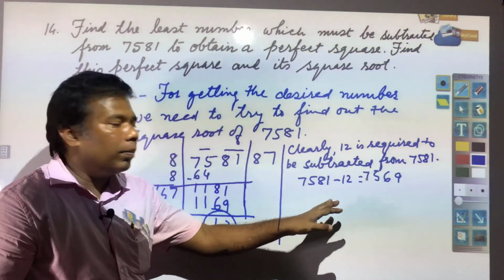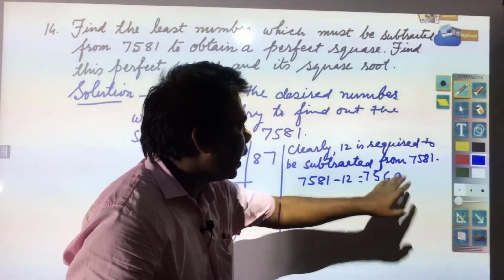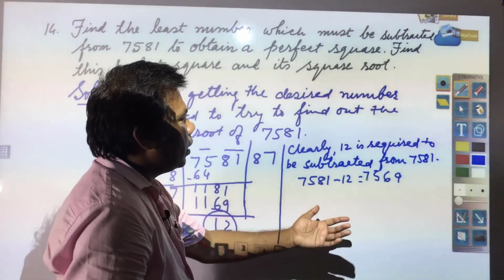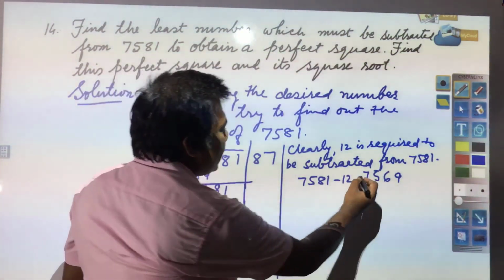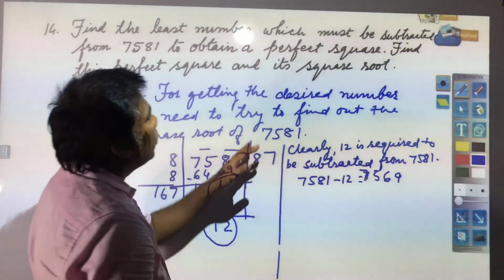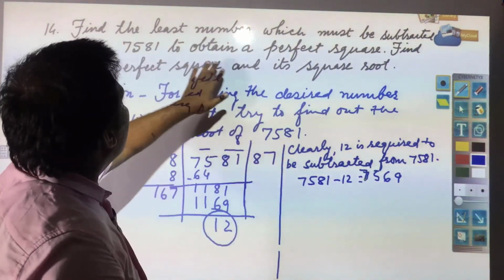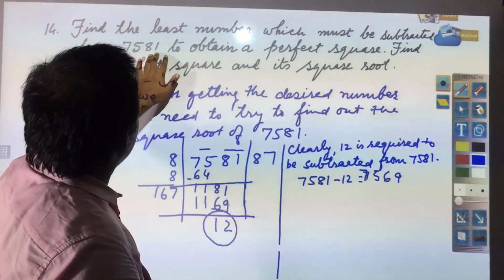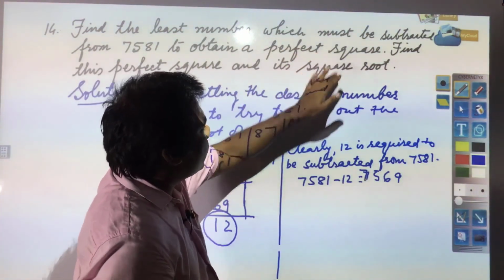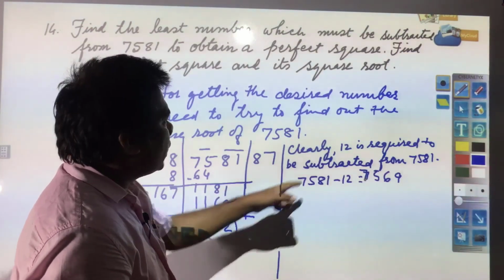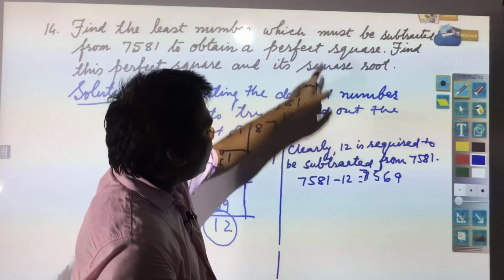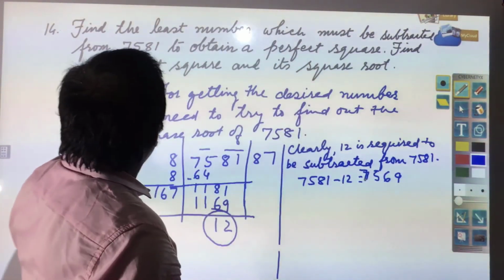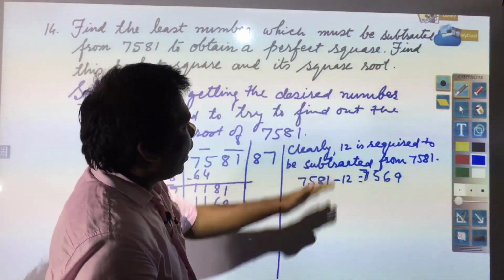So, your required number is 7569. You need to find the least number which must be subtracted from 7581 to obtain a perfect square. So, you have got answer, 12 is required to be subtracted from the given number, and find this perfect square and its square root.